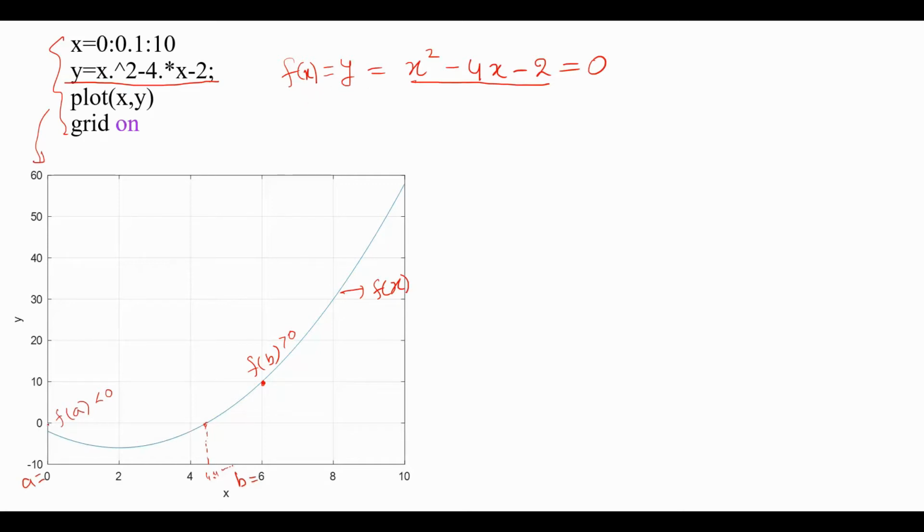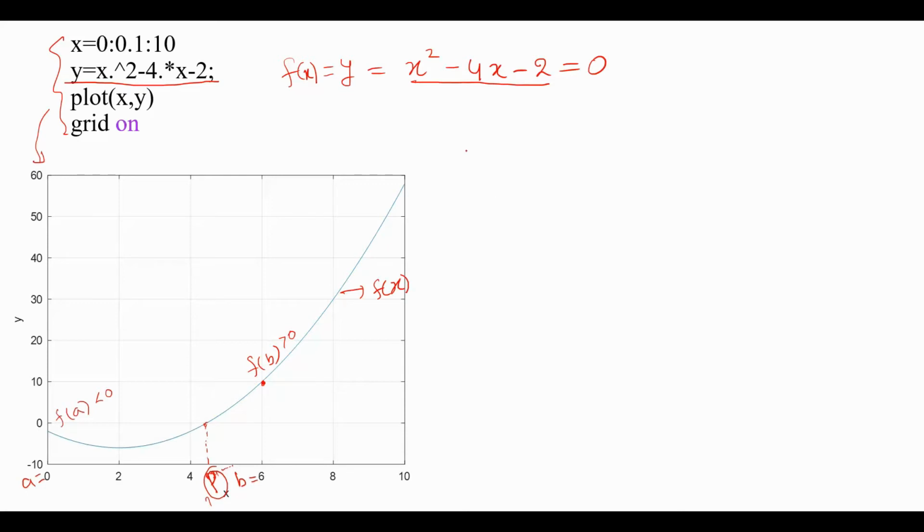So your f of x will be approximately equal to 0. We are interested in finding this value, I'll write this as p. We are interested in finding the root p, for which value of x our f of x is equal to 0.